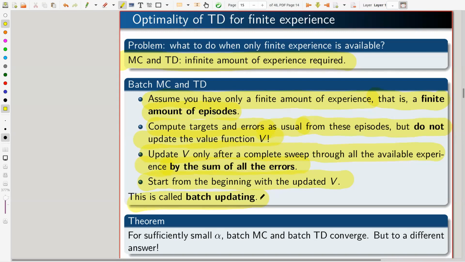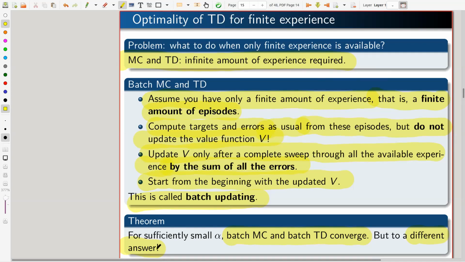Well, when alpha is constant but small enough, both these methods converge, but they usually converge to a different answer. Of course, none of these different answers will be the correct answer. This is impossible. You understand why? I have only a finite amount of experience.